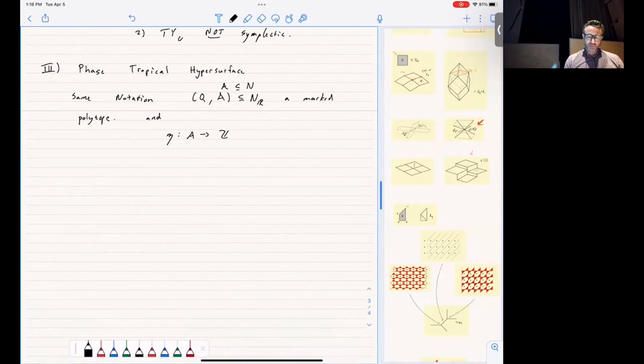I'm going to add an extra bit of structure, which corresponds to some sort of valuation in the tropical setting. But for me, it's just going to be a function eta from my set A to Z. So what you get from eta is a couple of things. The first thing you get is some tropical function, which is similar to the one I defined before with a trivial valuation. But now we have this extra eta involved to adjust, add some constants to our minima. So this is alpha plus eta.